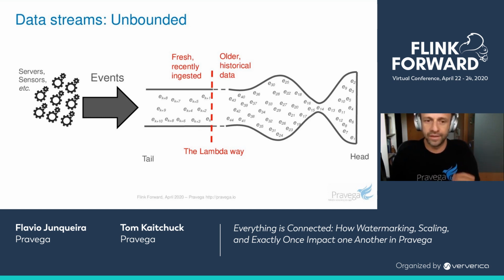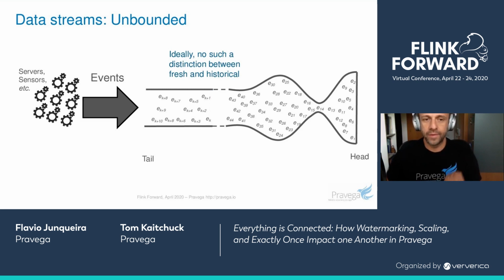I'm going to call this the lambda way, referring to the lambda architecture. But ideally, the abstraction should be such that you don't have to reason about your streaming that way, splitting it between old and fresh, and just look at a stream as one single abstraction.